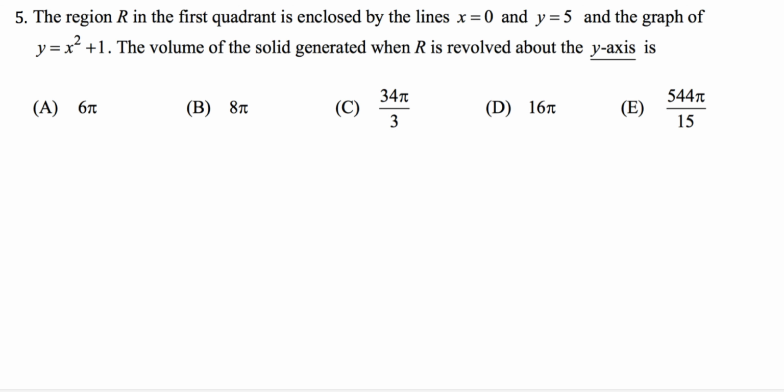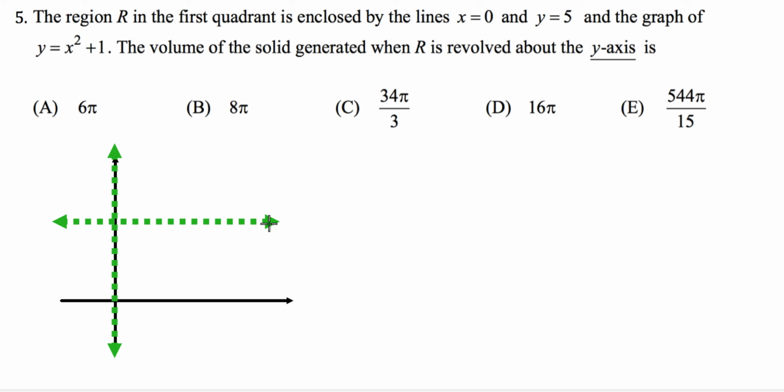Number 5. The region R is the first quadrant enclosed by x equals 0, y equals 5. So let us try to plot that first. X equals 0 in this case is the y-axis, and the y equals 5 would have been somewhere around here, let us assume.